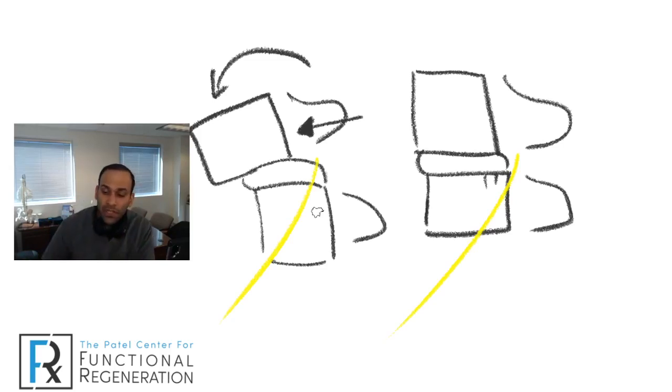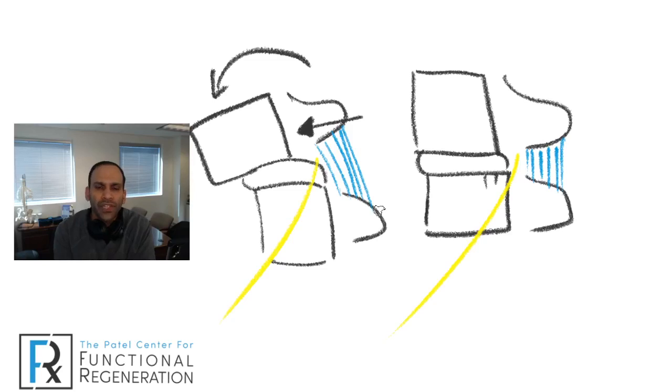And what does micro instability mean? Ultimately, that means that the ligaments that are connecting these bones together are getting excessively stretched, and the stretchiness or the looseness of the ligaments is contributing to that small movement that's taking place.